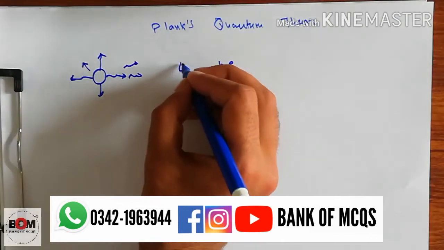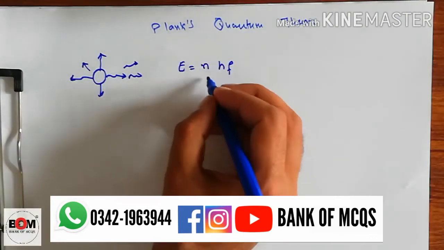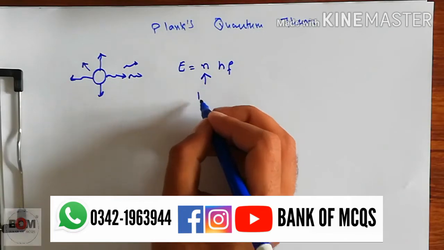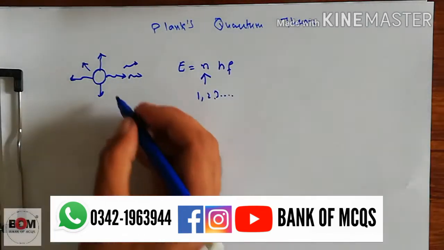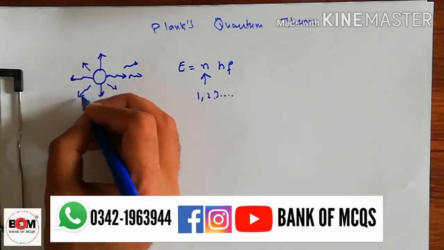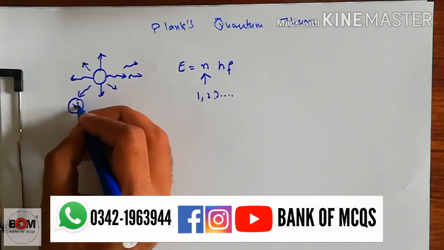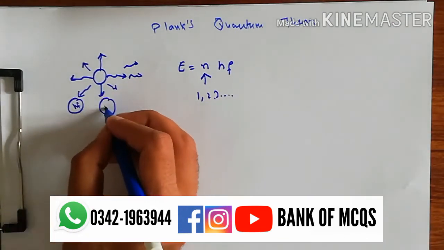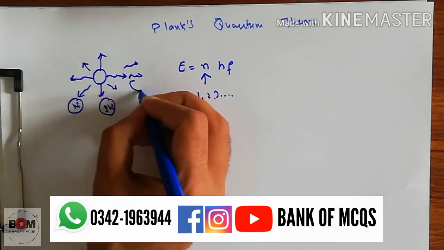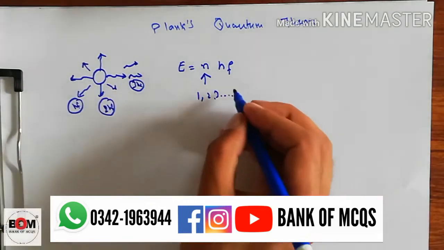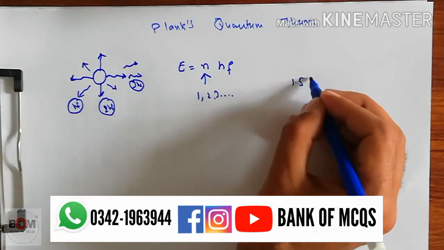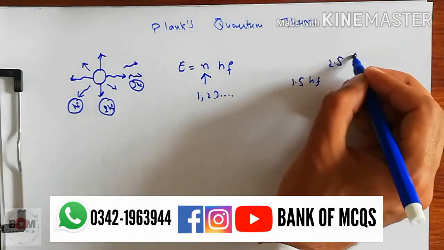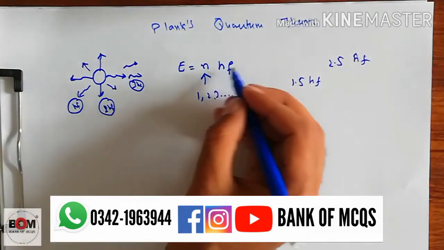So the energy of packets is equal to nhf, where n is an integer starting from 1, 2, 3 and so on. It means that all the energy released is a multiple of hf. Either it will be 1hf or 2hf or 3hf, but the value will not be like 1.5hf or 2.5hf. It will always be 1hf, 2hf and so on.